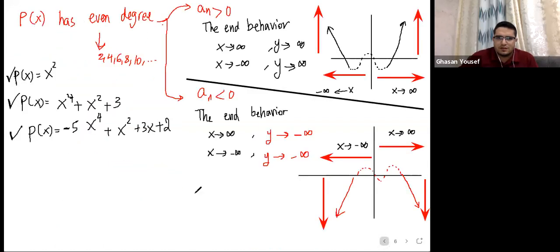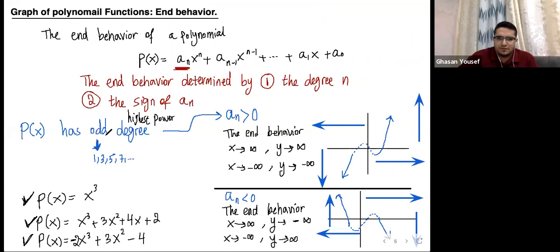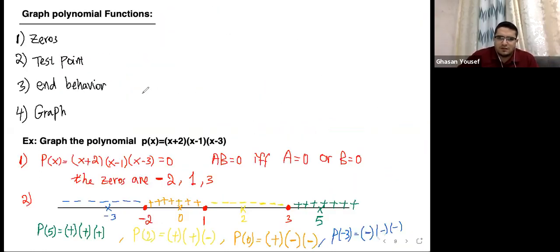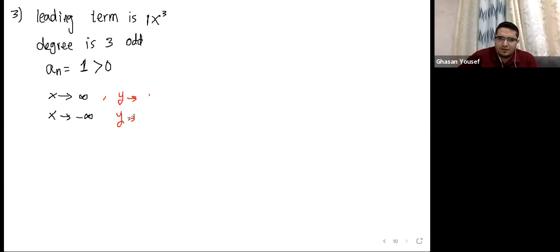Here is odd and positive. Y goes to infinity when x goes to positive infinity. Y goes to minus infinity when x goes to minus infinity. So the same as this.